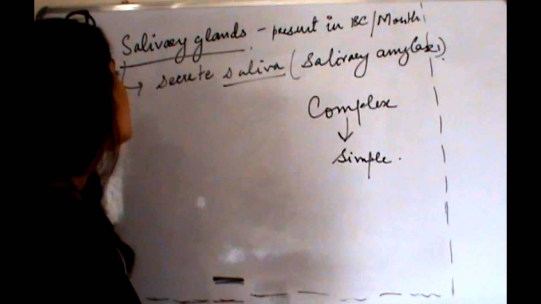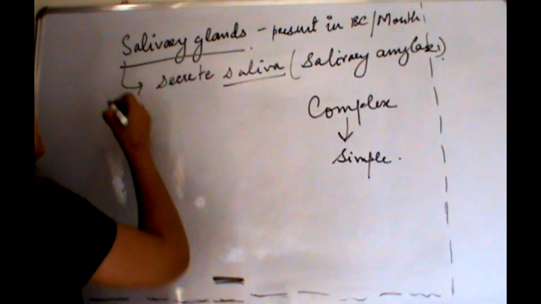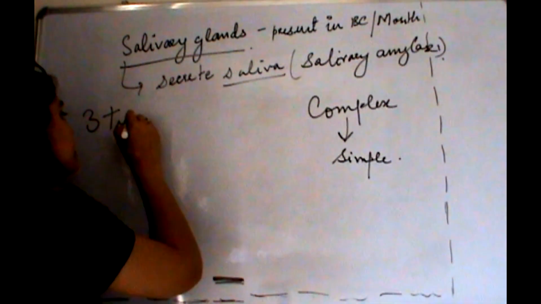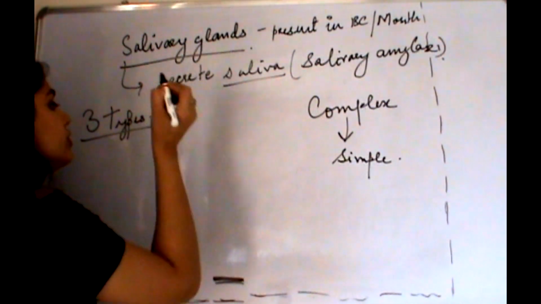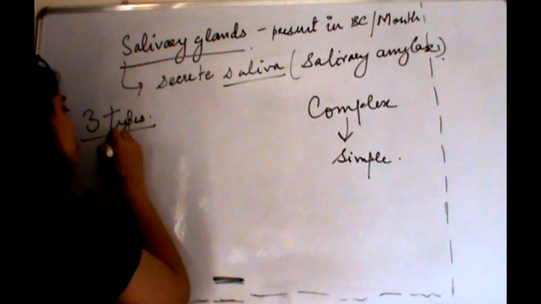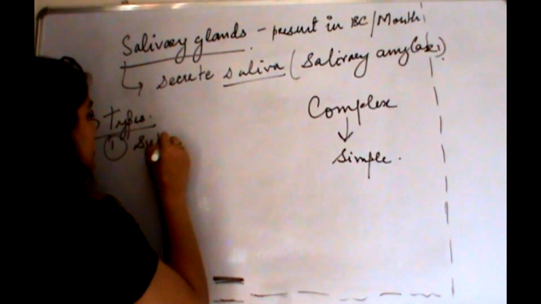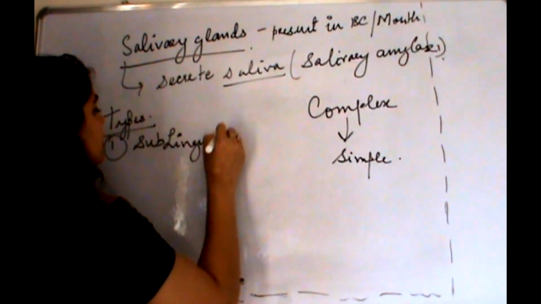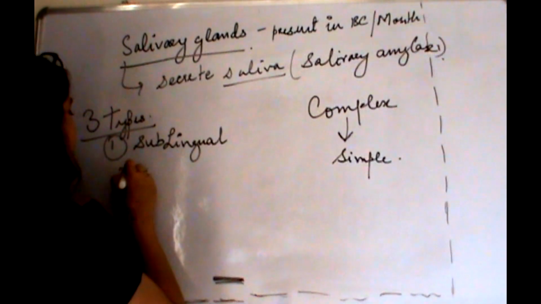Now, salivary glands are of 3 major types, out of which the first one is the sublingual salivary gland.